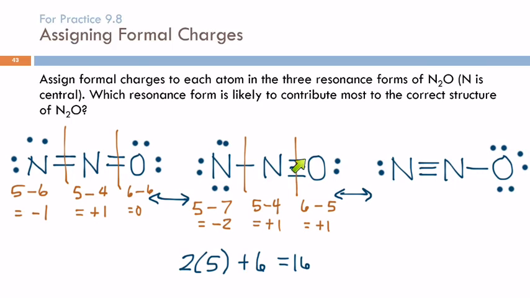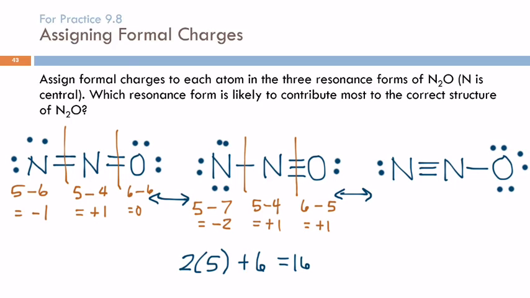This oxygen would get 1, 2, 3, 4, 5 electrons if we just chopped all the bonds. So which is a better combination of formal charges? -1, +1 and 0, or -2, +1 and +1? The first one, these are lower. One of them's actually 0. These formal charges are higher, so this is not the best one.